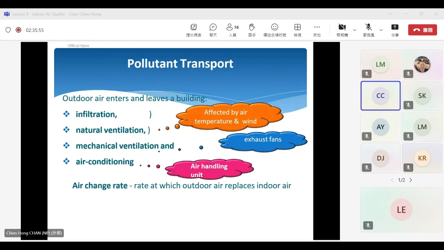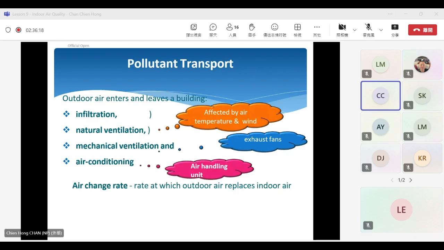Sometimes it's because we need natural ventilation, so we provide windows for the occupied space, and this becomes an entrance for all these pollutants. Sometimes it's because of the mechanical ventilation that we use.